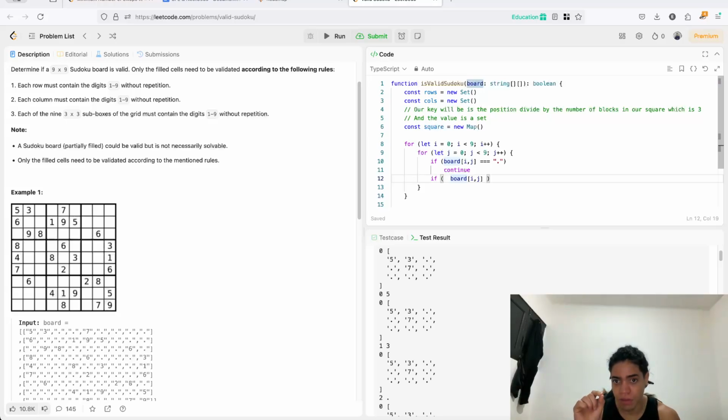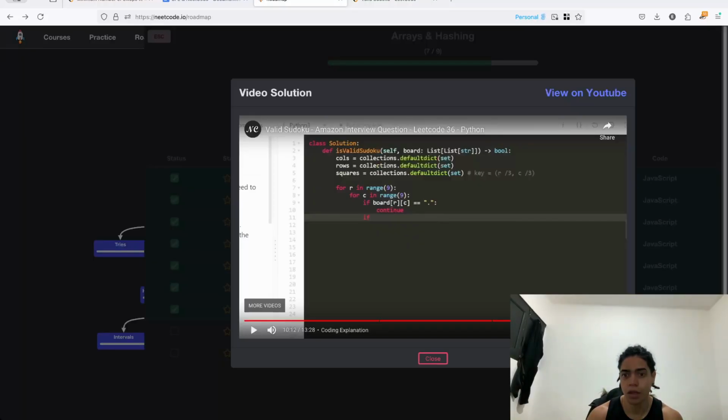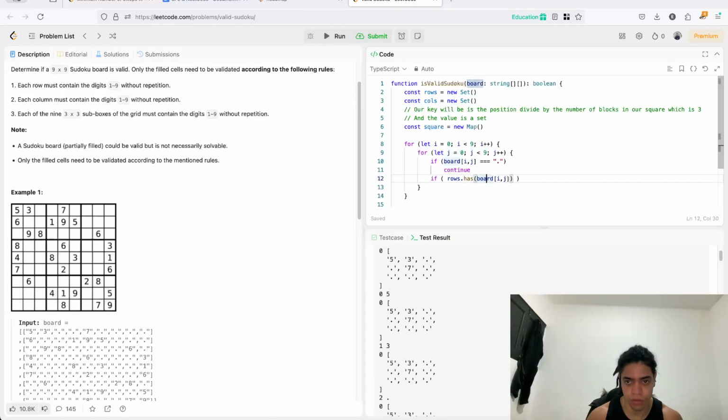If the value of this position in 0 0 exists in our row, which is existing in our rows. So if the value in this position does not exist.